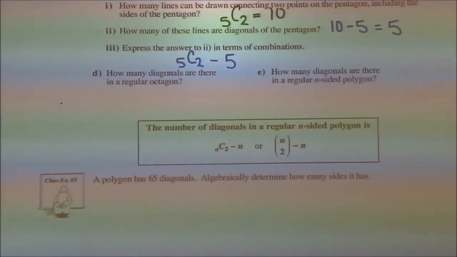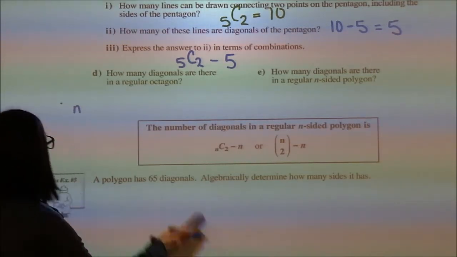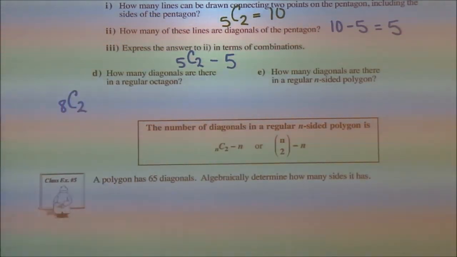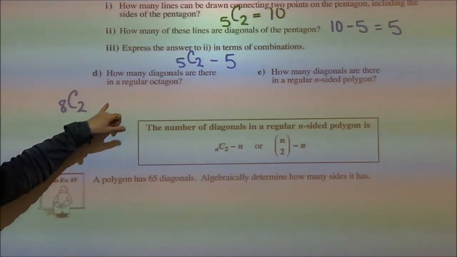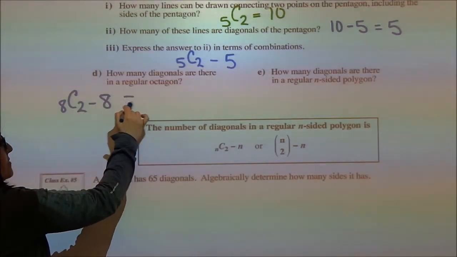How many sides in an octagon? 8. So the number of diagonals in an octagon: 8C2 would give me the total number of lines that I can draw. To get the diagonals, what do I need to remove from this? I have to take the 8 outside lines off.